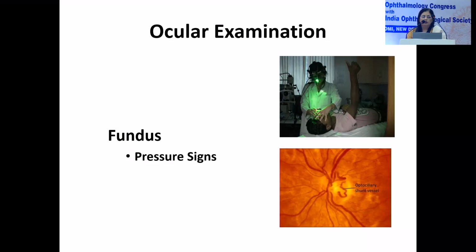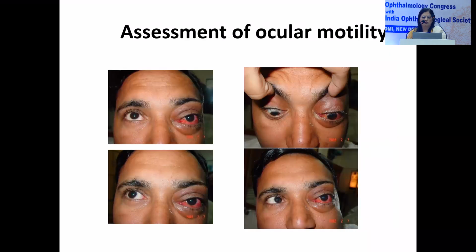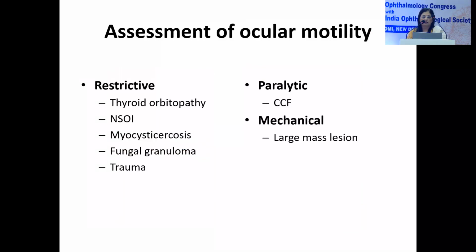A detailed fundus examination is required to see any pressure signs, like papilledema. The presence of optociliary shunt vessels indicates meningioma. Oculomotility assessment should be done in all 9 gazes. It helps in diagnosing whether it's a restrictive pathology, paralytic, or a mechanical motility restriction.